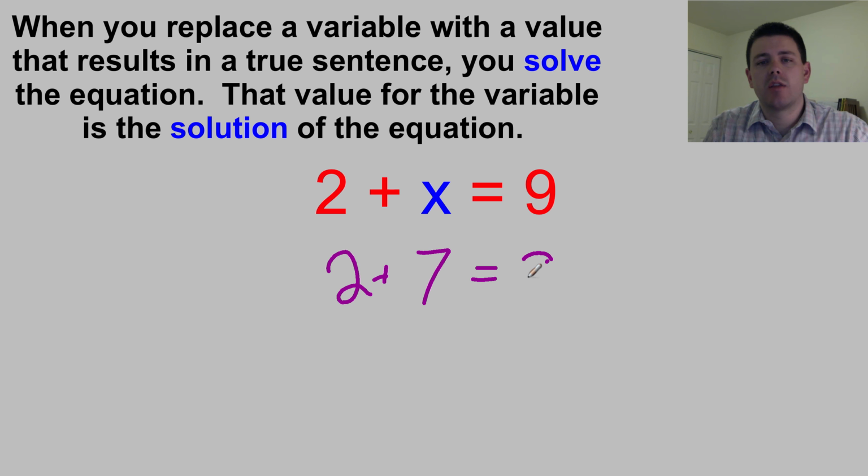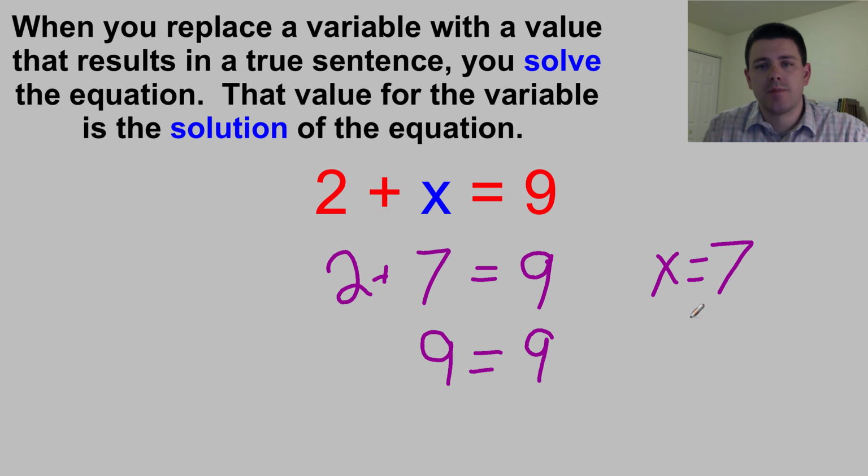So we can check. The goal is to make both sides of our equation equal. 2 plus 7 is 9. 9 is equal to 9. So that means the solution to our equation, the number we could put in place of x to make it true, is 7. Nice simple one to get us started, but that's what we're going to be working with today.